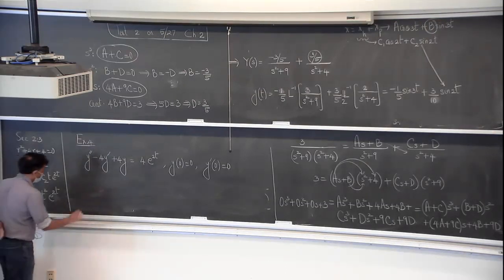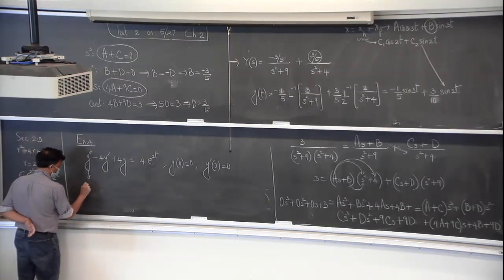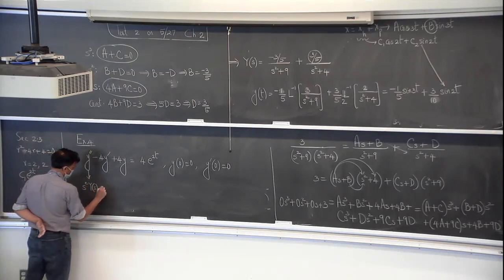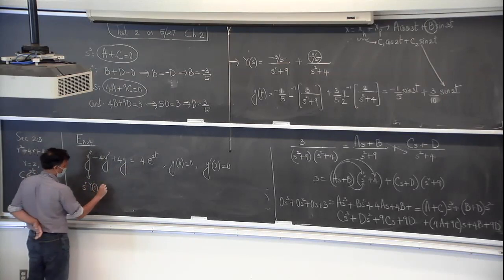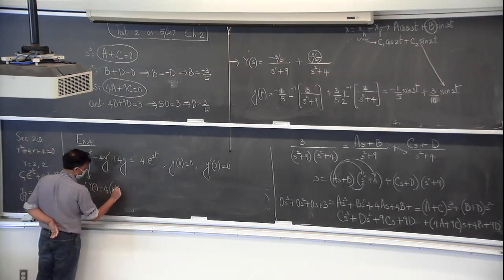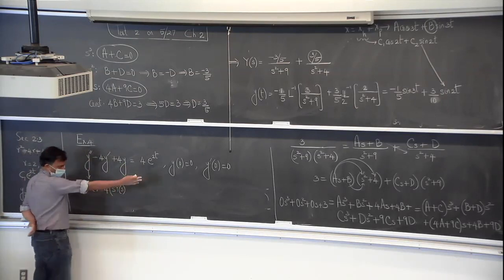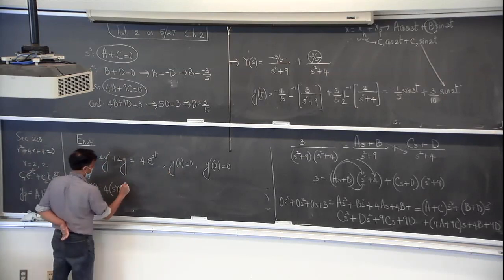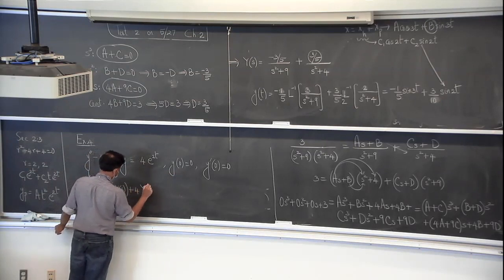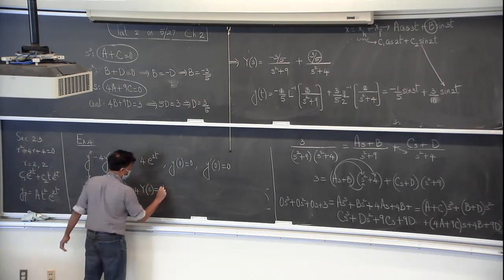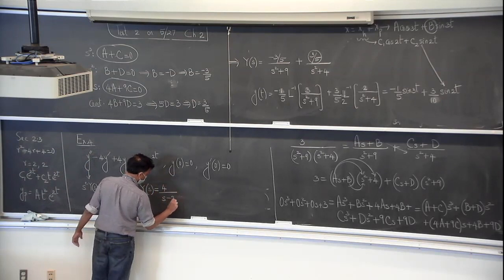Okay, so this is going to be s square Y of s minus s y of 0, which is 0, minus y prime of 0, which is also 0. Okay, minus 4 times s Y of s minus y of 0, which is again 0. Okay, plus 4 Y of s equal to 4 divided by s minus 2.